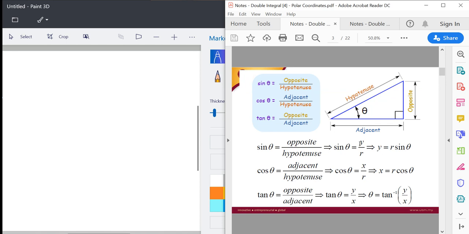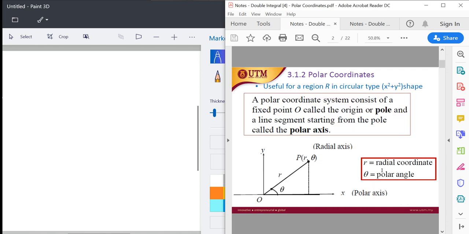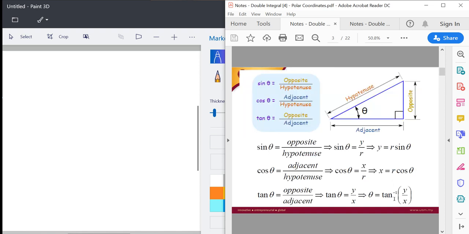How to convert from Cartesian to polar coordinates: y equals r sin theta, x equals r cos theta, and the polar angle theta equals inverse tangent of y over x. This is just a revision on converting from Cartesian to polar coordinates.